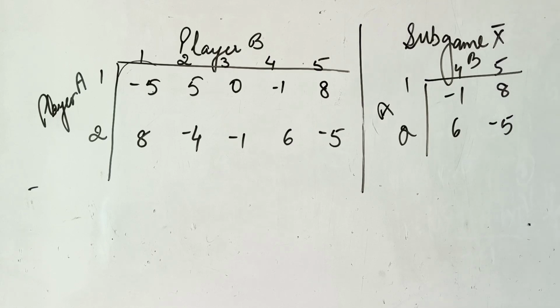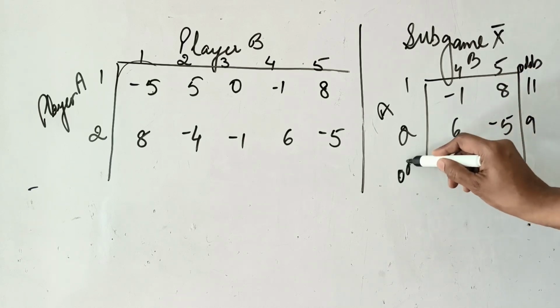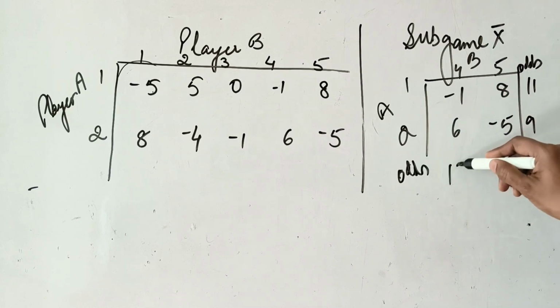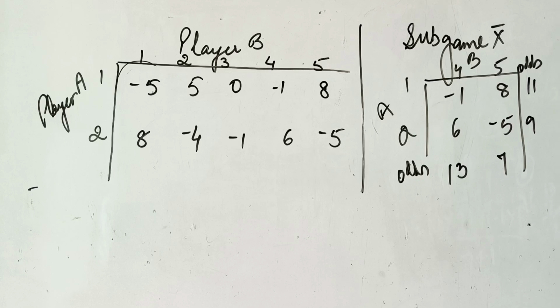So we will have to solve it with the help of odds again. 6 plus 5, 11, minus 1, minus 8, it will be 9. On this side 13 and 7. So it will be 20 from both sides. Now we will calculate the value of game.